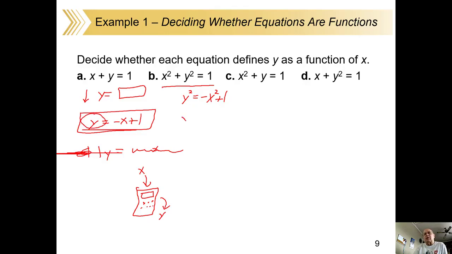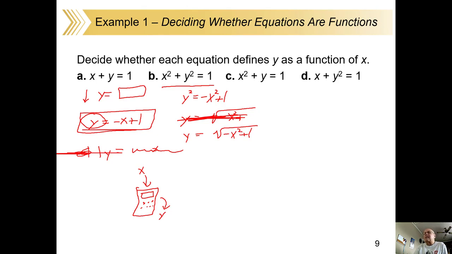So take the square root of the left side, we've got a y. The other side, we'll take the square root of this. Let's see if I can write it again. y equals the square root of minus x squared plus 1.